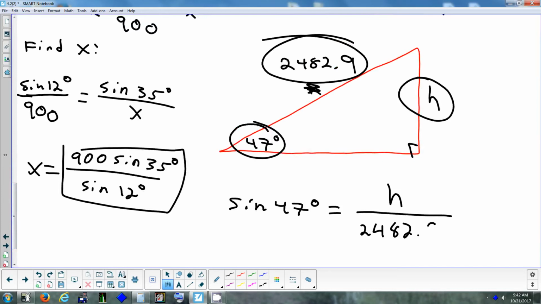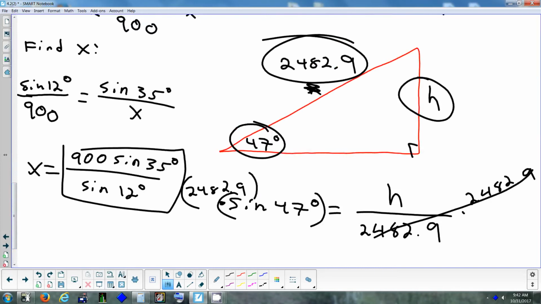2,482.9. Yep. All right. So to find the height, just multiply by 2,482.9. And same thing here, 2,482.9. I'll just put it in parentheses. All right. So let's see what we got.